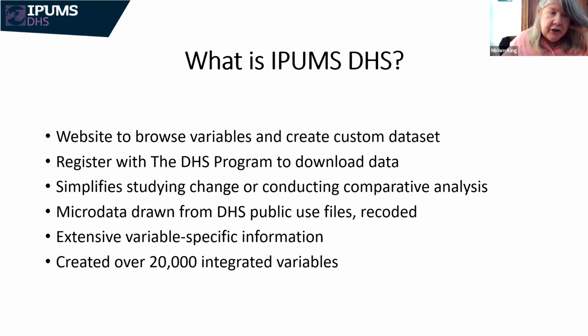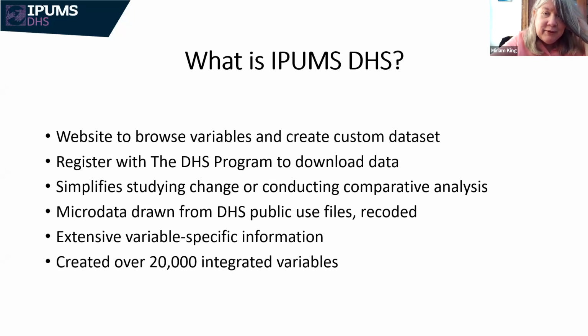So IPUMS DHS is basically a website with a lot of technology behind it that allows you to browse the variables available and create a customized data set that is suitable to your individual research projects. As you can see in my last bullet point there, we have created over 20,000 integrated variables using the DHS source material.